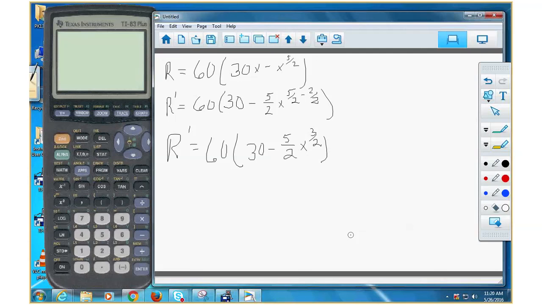Exact. Approximate versus exact. It's just like when you take the square root of 2. The square root of 2 is exact. The square root of 2, when you type it in your calculator, is approximate. Okay? That's the difference. Approximate versus exact.